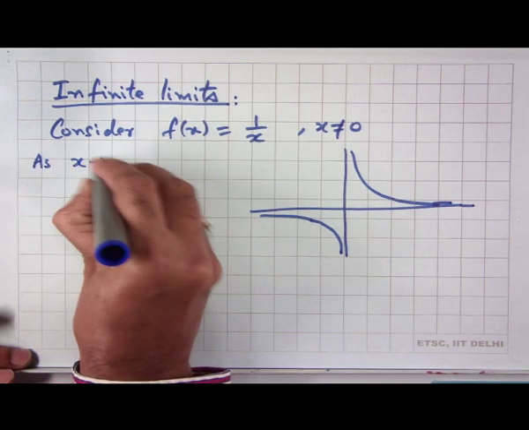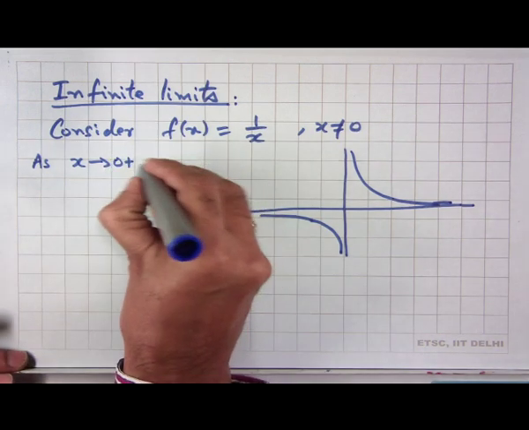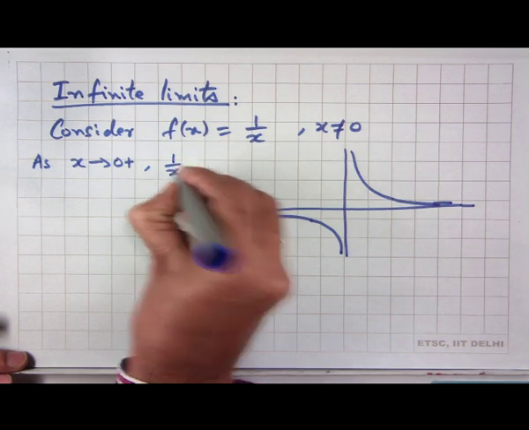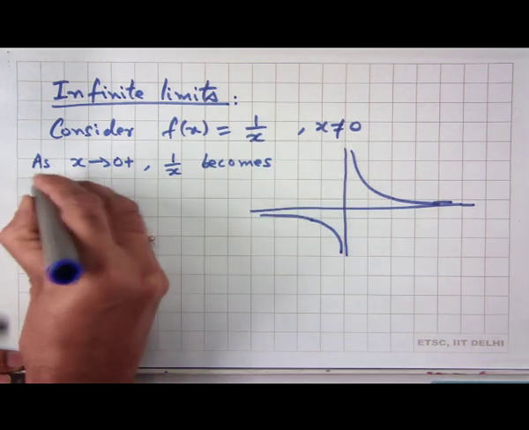So, what happens is that as x tends to 0 plus, this means from the right, 1 by x becomes larger and larger.